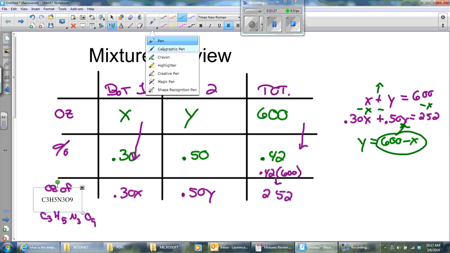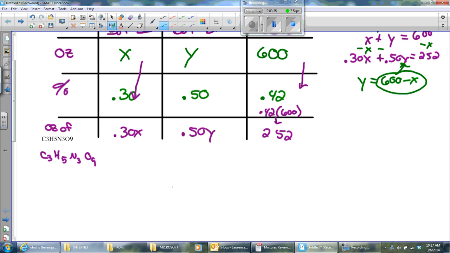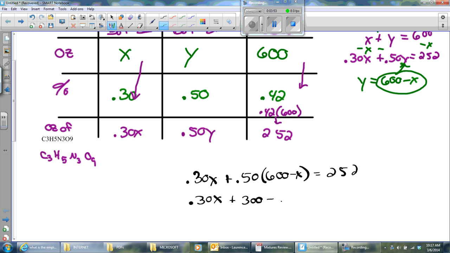I will get 0.30. I think I'm going to run out of room, so I better put this down below. Let's see, 0.30x plus 0.50 times y, which is 600 minus x, and then I'll equal 252. All right, I'll get 0.30x plus 300 minus 0.50x.